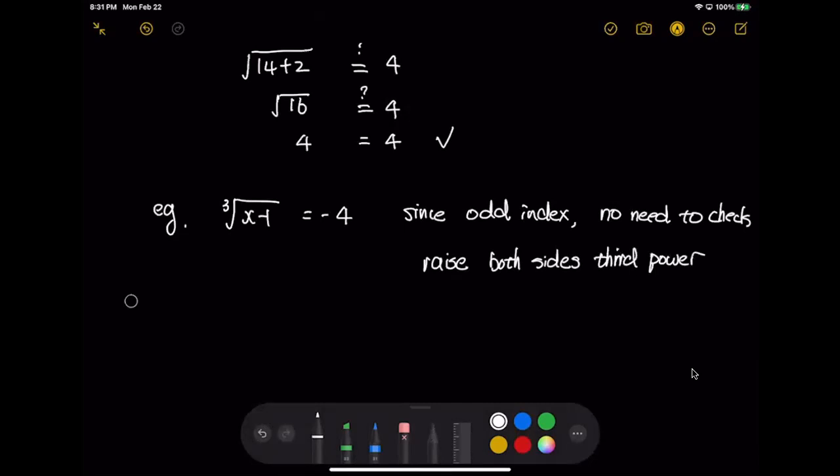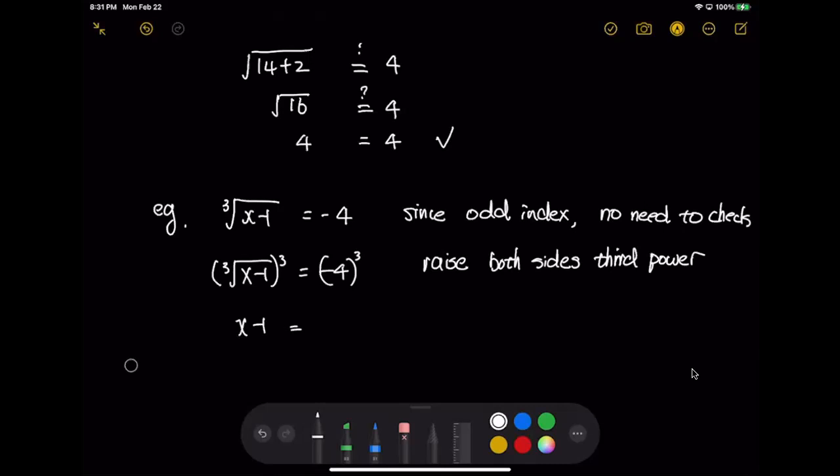So I have cubic root of x minus 1, cubed, equals -4 cubed. On the left side of the equation, I have x minus 1. On the right side, I have -4 cubed.